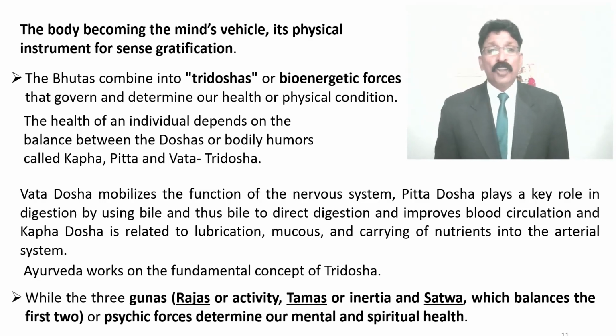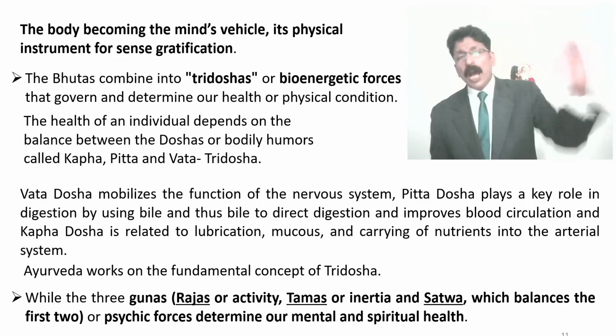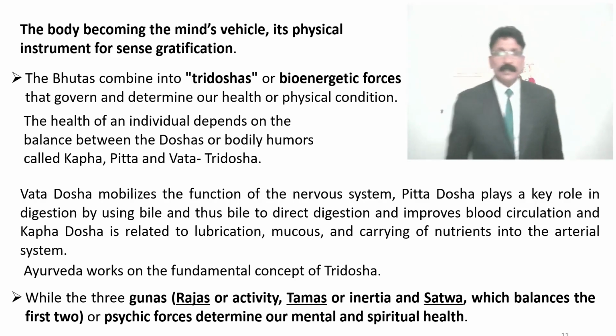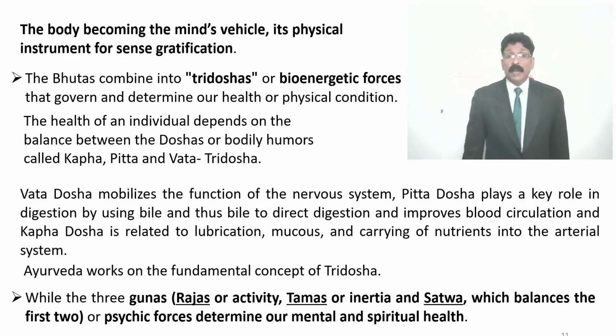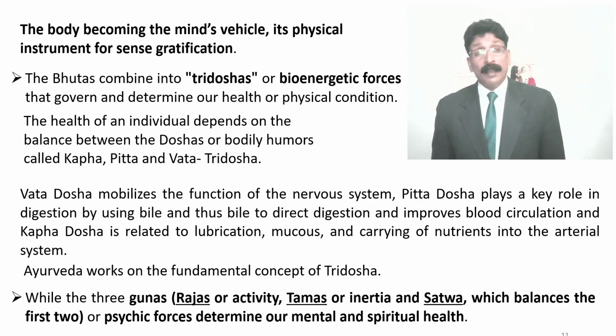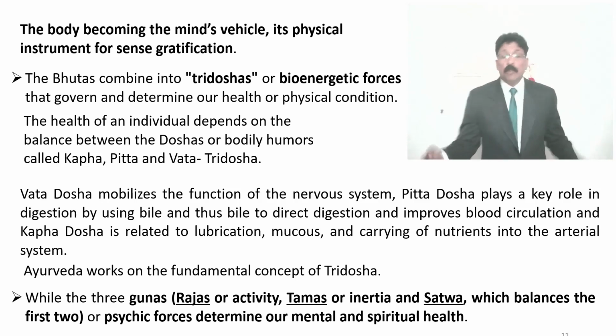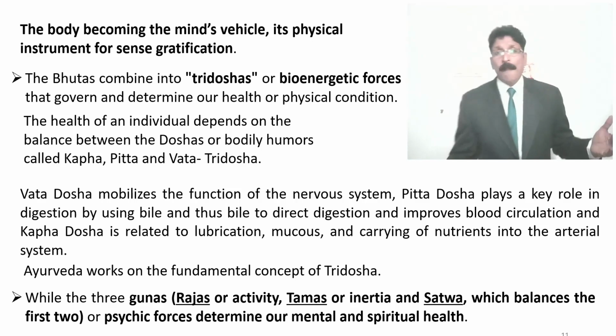So you can see three gunas: rajas, that means activity, tamas or inertia, and sattva which balances both. That means rajas and tamas, activity and inertia, balanced by sattva.